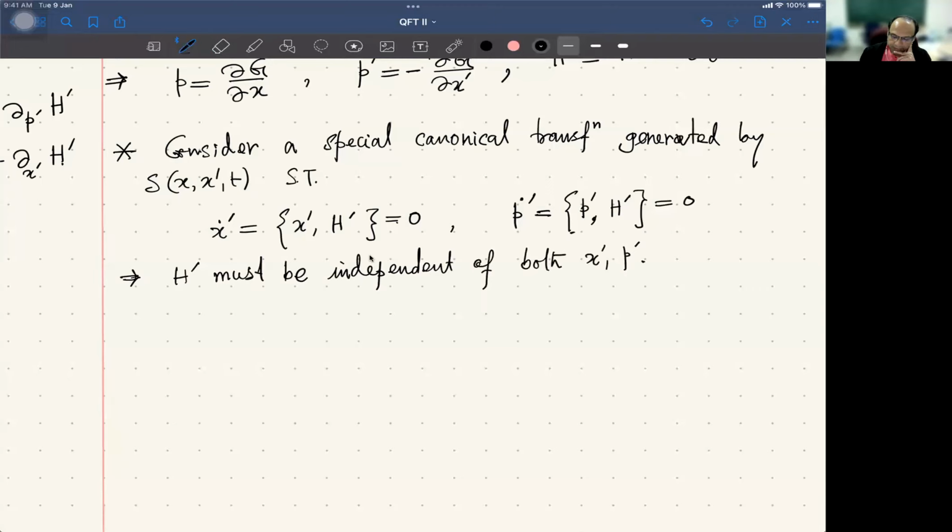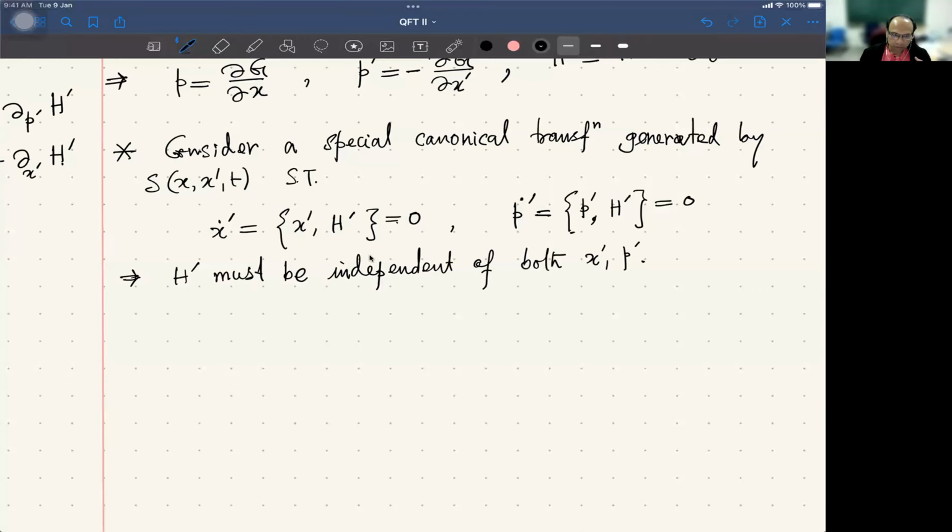So what it says is that if you start out with any pair of phase space variables, say x and p, in which the Hamiltonian looks like a non-trivial function of x and p, then we know that the dynamics is such that the value of the Hamiltonian for each trajectory is constant.